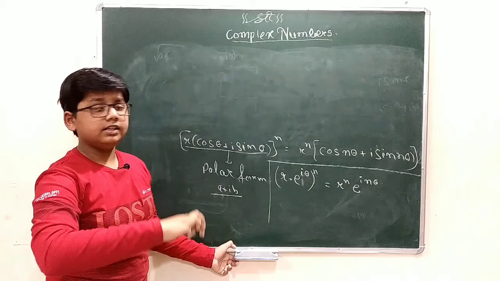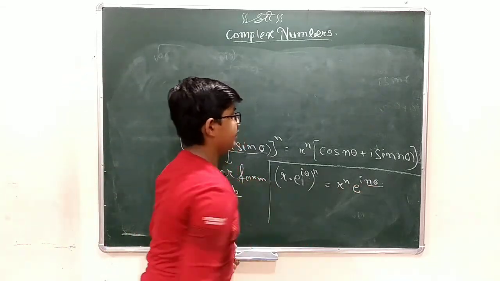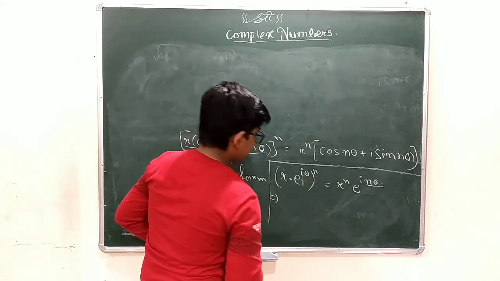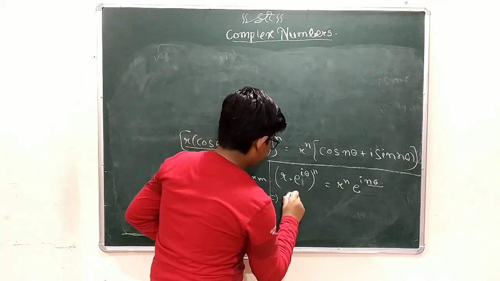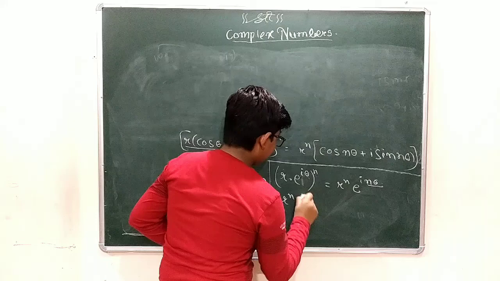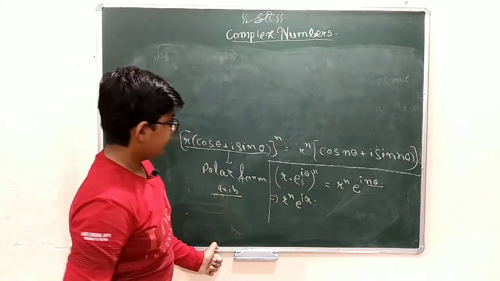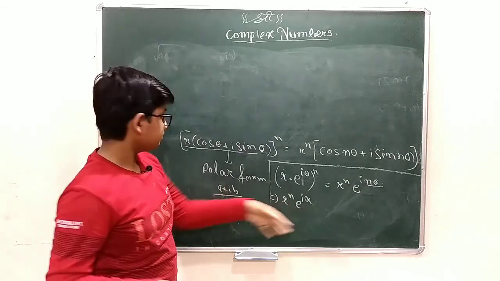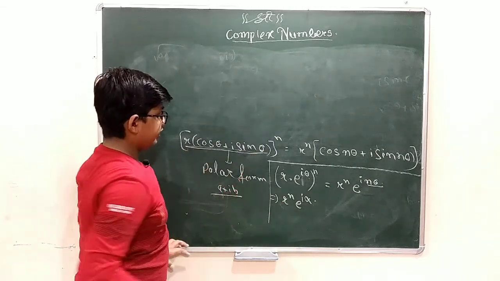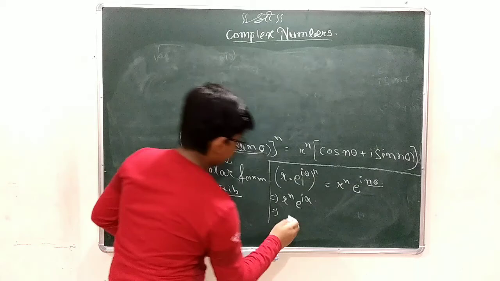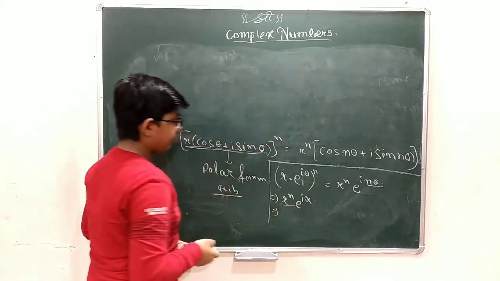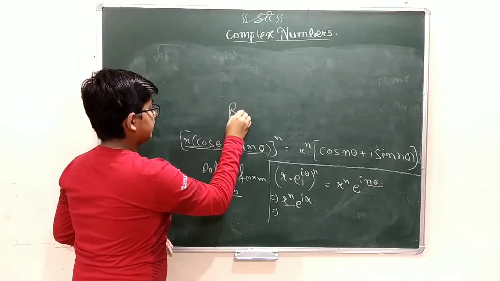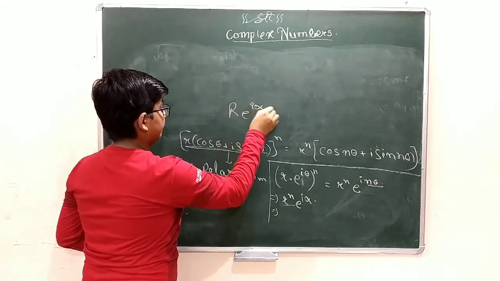Now if we consider n theta as alpha, then we will get r to the power n into e to the power I alpha. This is in the format of polar form. So if we consider r to the power n as capital R, then it looks like polar form, that is capital R into e to the power I alpha.